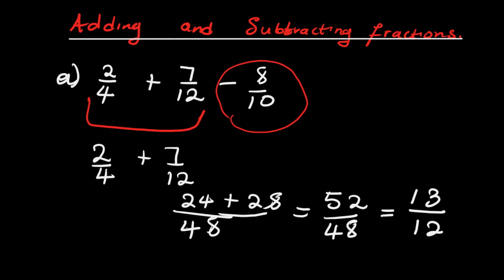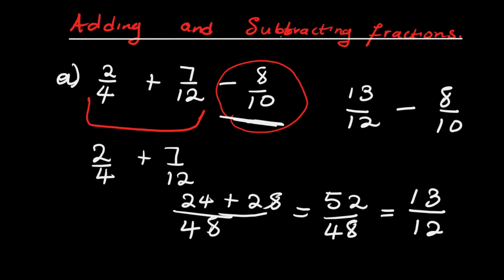And here's the last question to try. Oh, before we move to the last question, there's a part we forgot, which is the part we decided to neglect first and deal with the first two fractions first. Since we found our answer, which is 13 over 12, now we have to take down negative 8 over 10.